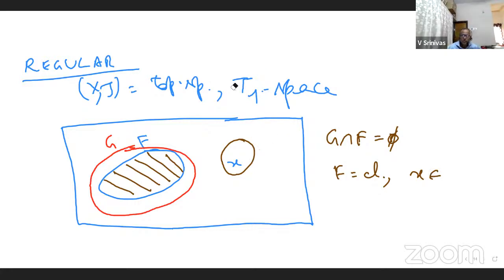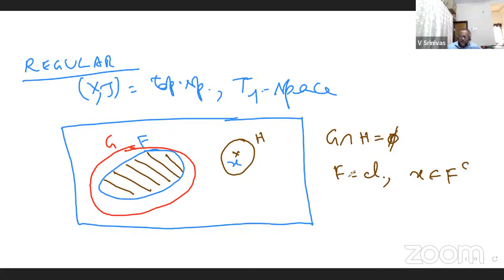I already used F, so let this be capital H. So let us start with a closed set capital F, and let us take a point small x away from capital F, right? x is in F complement.